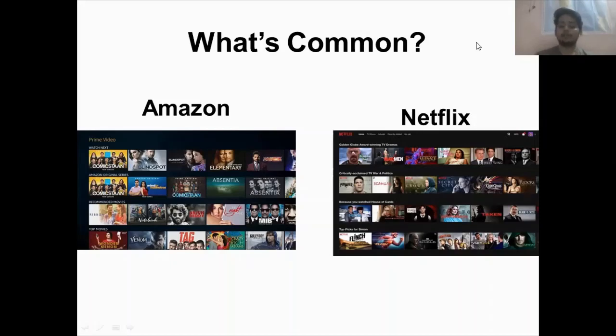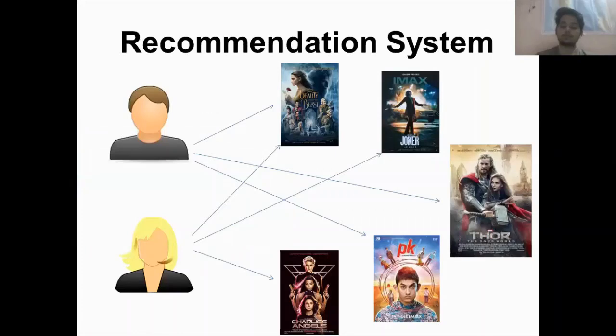For any recommendation system, there are users and the items. In this case, let's say it's Netflix and the item here is movies. So they need to match. What the recommendation system will do here is match particular movies to particular users based on their behaviors.